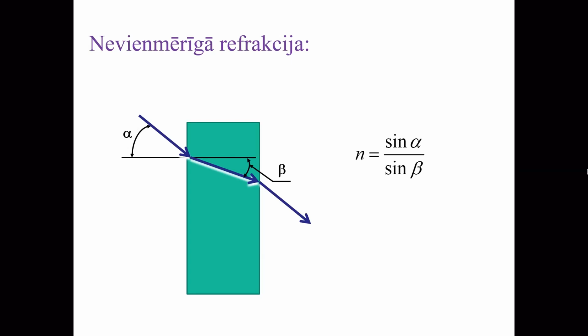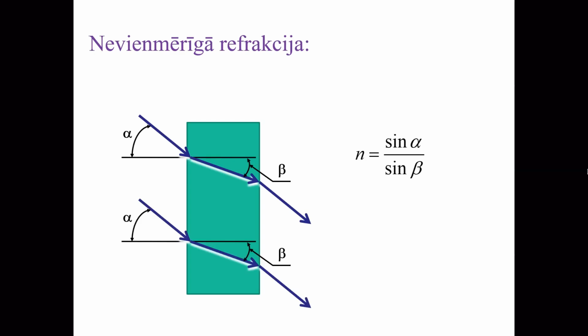The refraction coefficient may be estimated as a ratio of the sinus alpha and sinus beta. But actually, this is the ratio of the propagation velocities of light in this material.